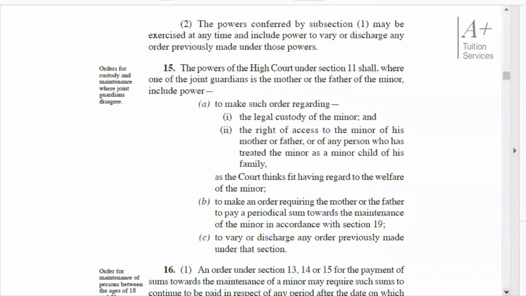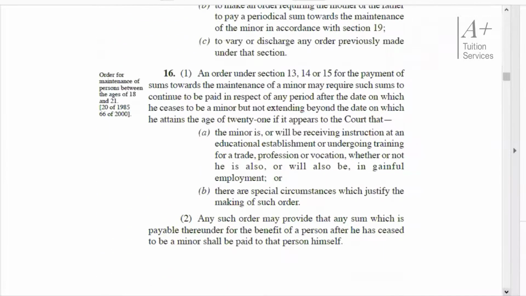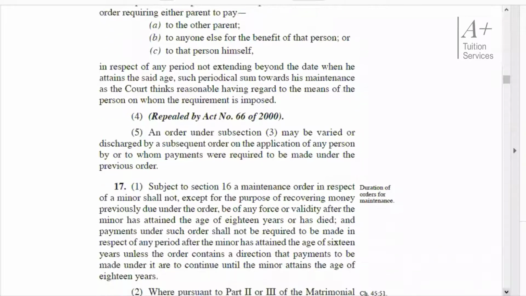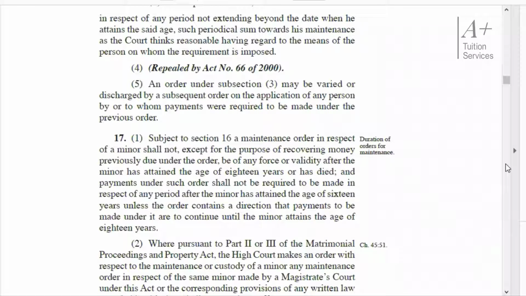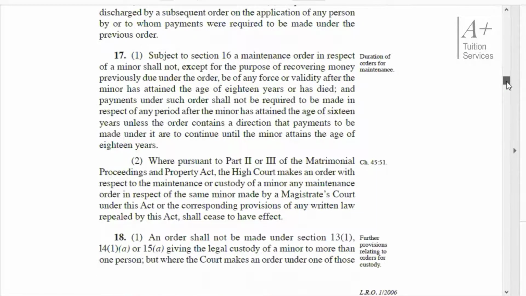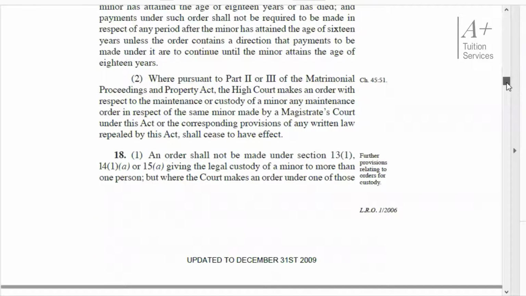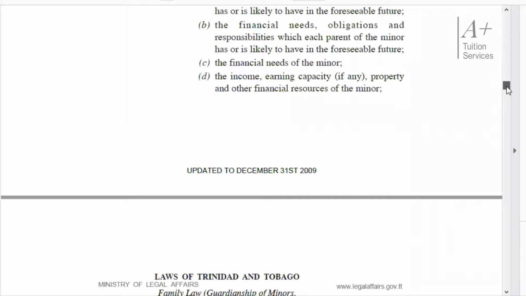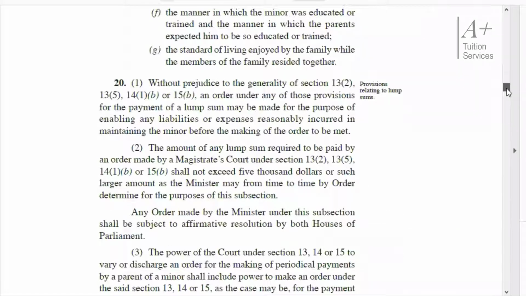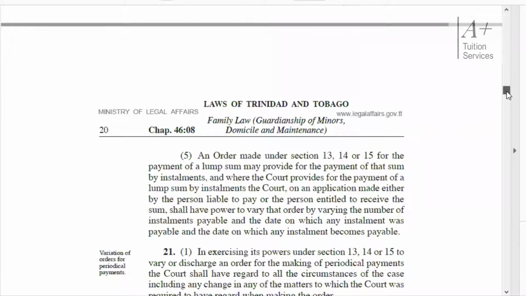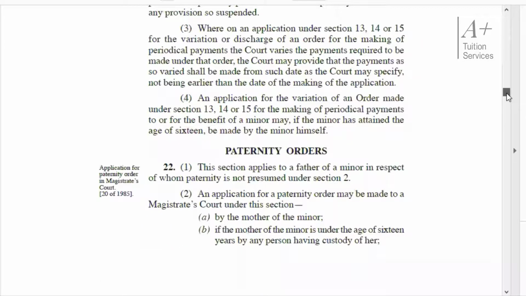And basically, matters in high court will be determined by a judge, so everything goes through a judge. We also have the part dealing with the Matrimonial Proceedings and Property Act, right? Then that talks about the dissolution of a marriage via divorce, because applications for divorce are done through a court. Sometimes if it's urgent, it goes to high court. Sometimes a regular magistrate court can dissolve a marriage.